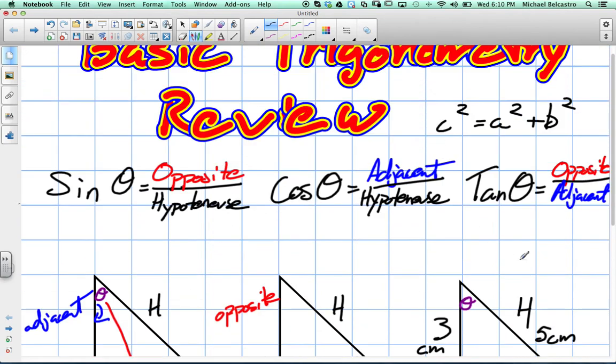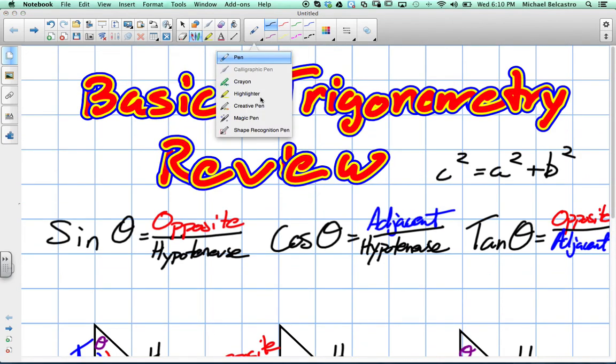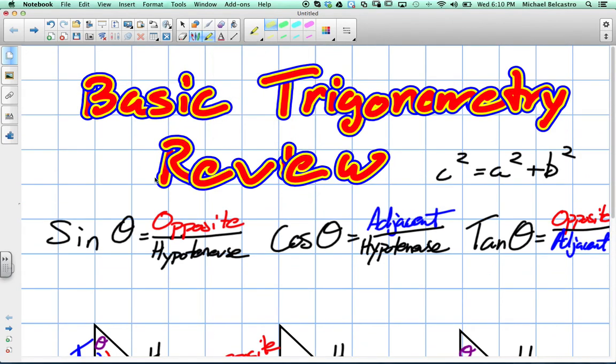Okay? These can be hard to memorize, so before we get into that, there's a little trick called Sohcahtoa. It's considered an acronym, okay? And they call it Sohcahtoa. So the S-O-H helps you remember that sine is equal to opposite over hypotenuse.